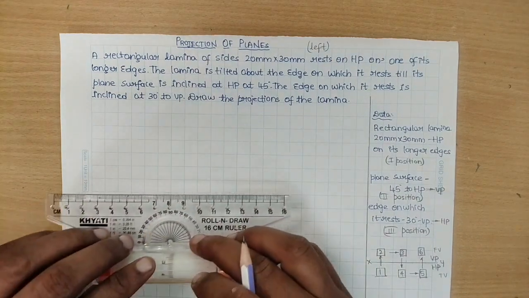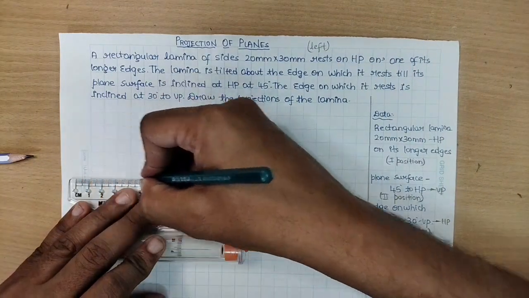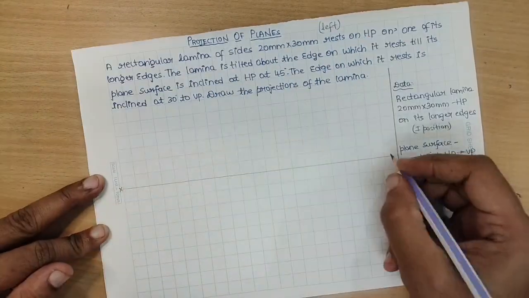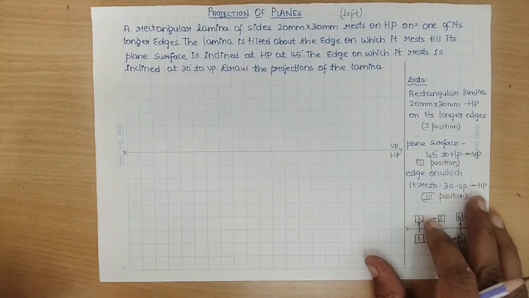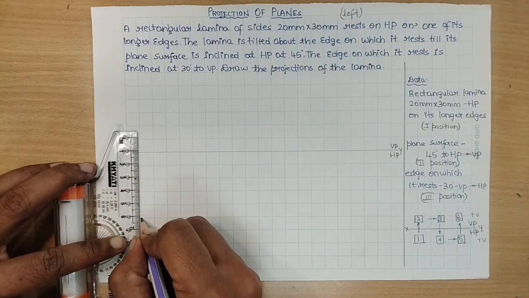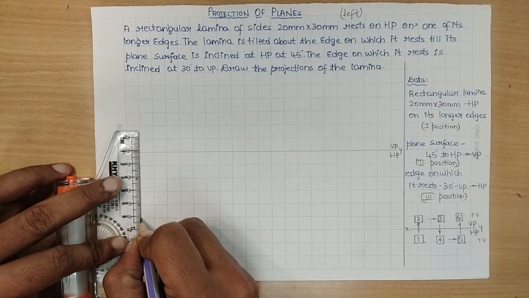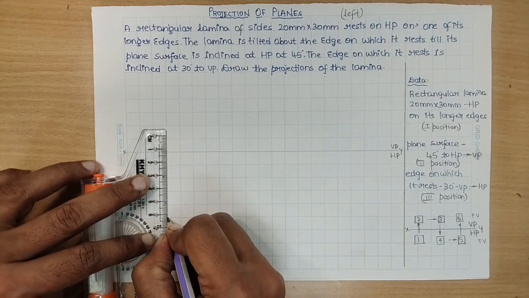Yes, to start with, let us draw the XY line first with a minimum thickness. Call this X and Y, VP and HP, indicating first angle projection. Draw a rectangle 30 mm cross 20 mm. The 30 mm longer edge should be towards the left hand side of the observer. Just cover 3 grids.